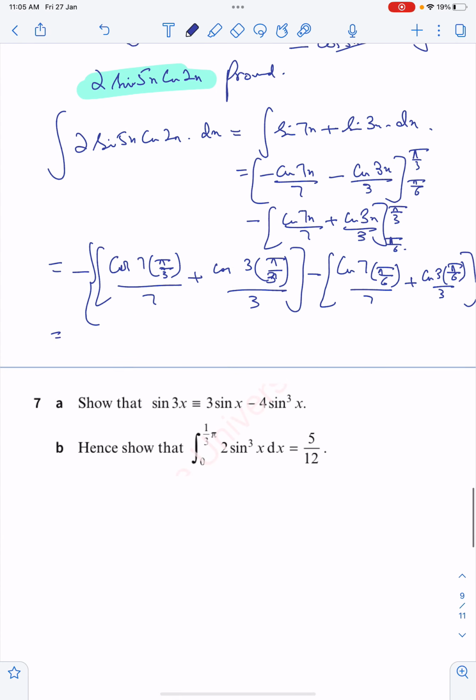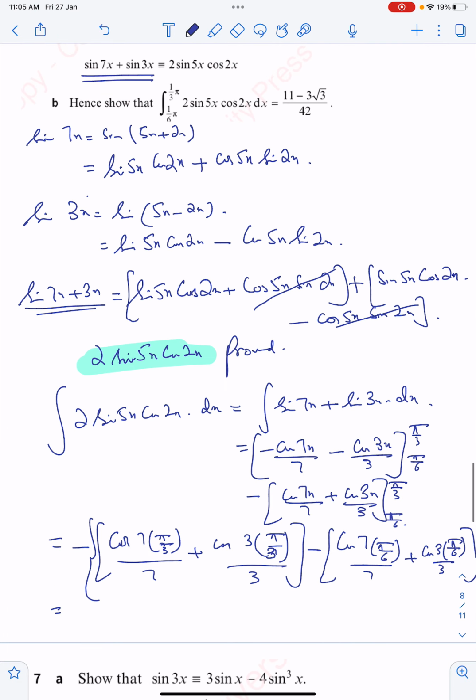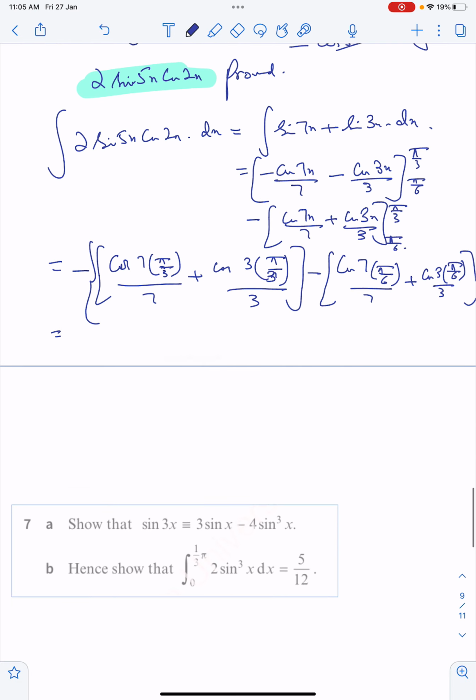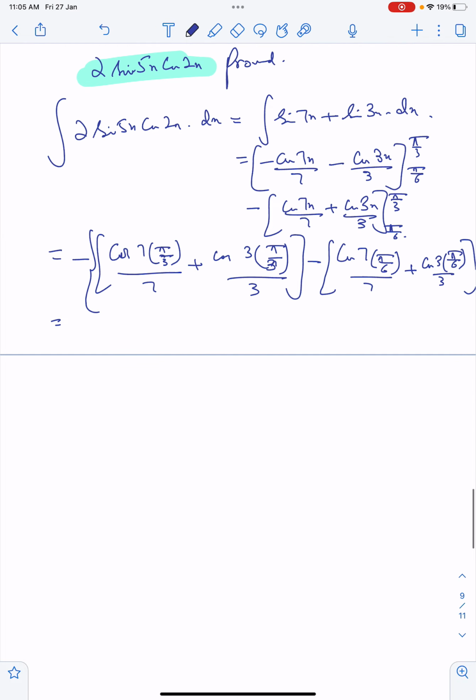Okay, let's simplify. This minus is outside. Now cos of 7 pi by 3 upon 7.